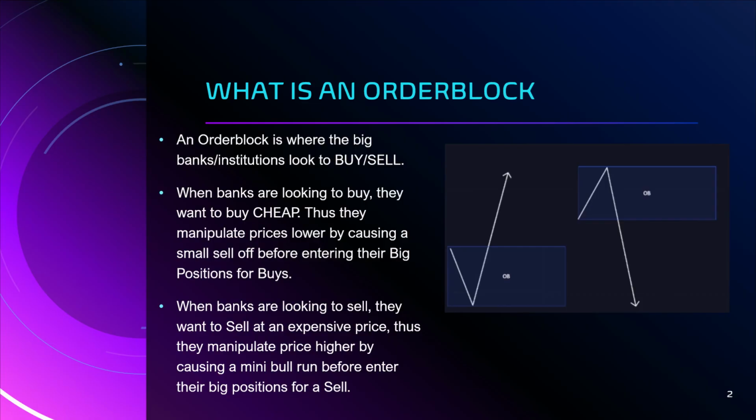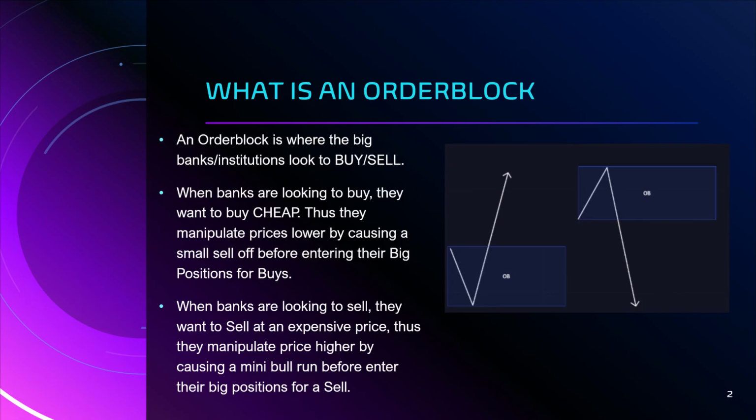An order block is a key zone or key area that banks or institutions are looking to buy or sell. What are we saying? This is where banks are looking to buy, they want to buy it cheap. So they manipulate the price to bring the price down before they can enter a big position to take a buy.